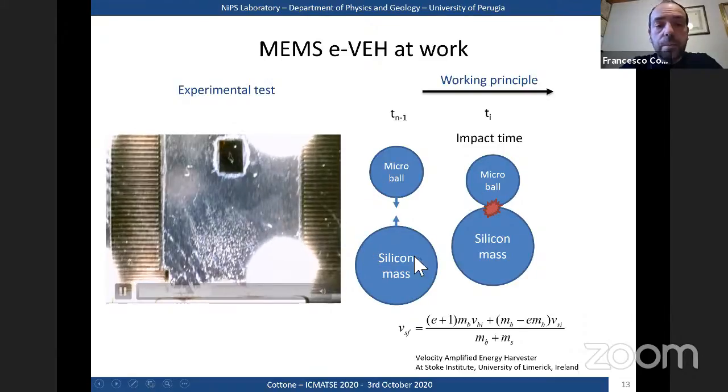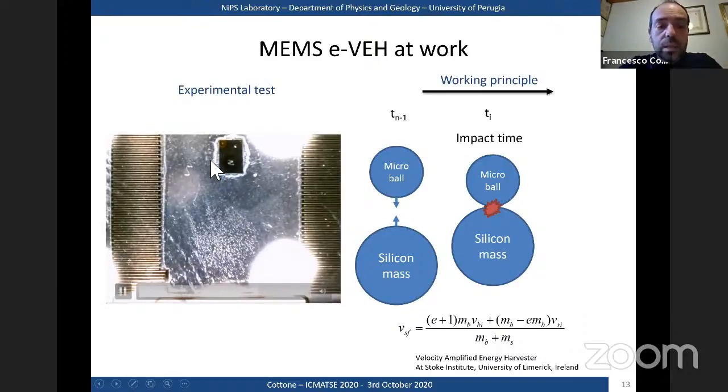So when the microball impacts, there is a velocity amplification and also a transfer of kinetic energy from the balls to the seismic silicon mass that normally has a natural excitation frequency of around 160 Hertz, while in this way the system is capable of getting energy from very low frequency, for example, vibration at 2 Hertz, 3 Hertz, and around 10, and so on.